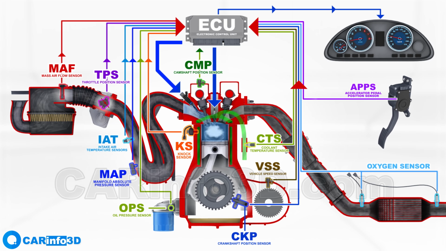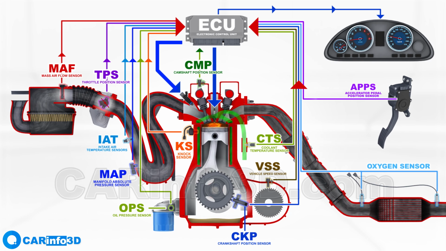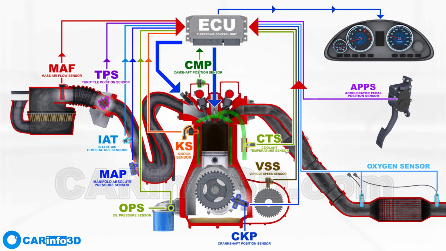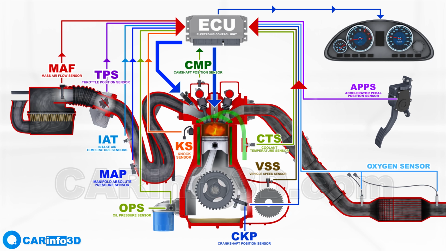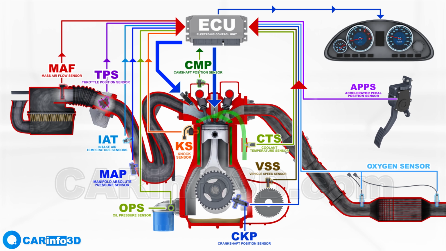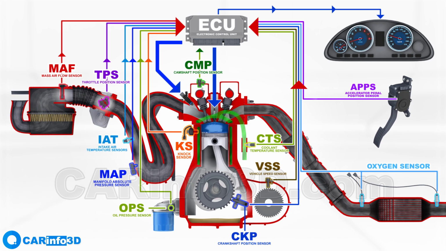In the event of a sensor malfunction or inaccurate data, the ECU enters emergency mode, replacing the missing data with the average data stored in the ECU as well as data from other sensors whenever possible. In some cases, however, problems can cause the engine to stop running entirely.